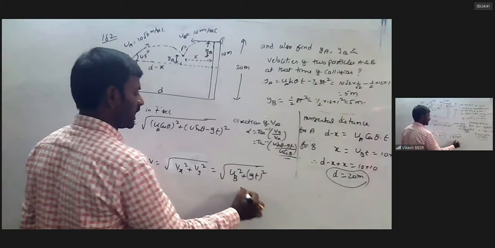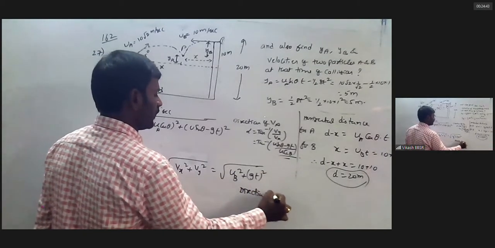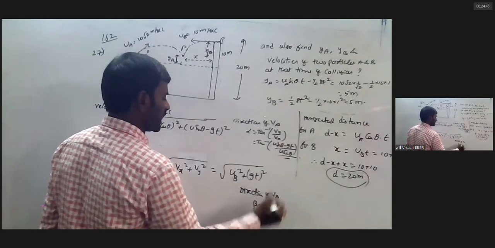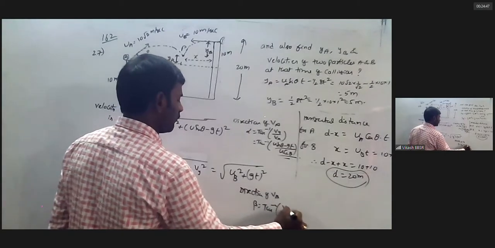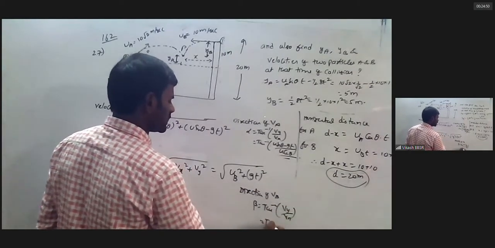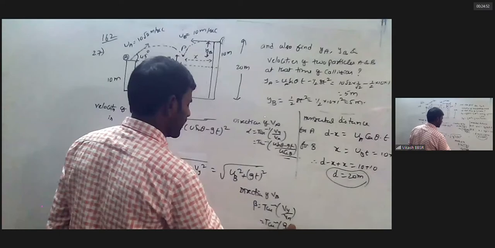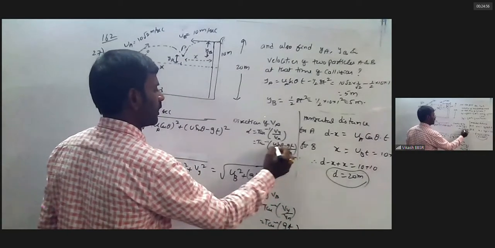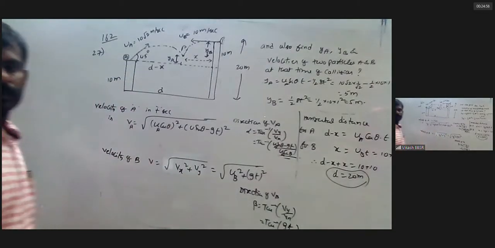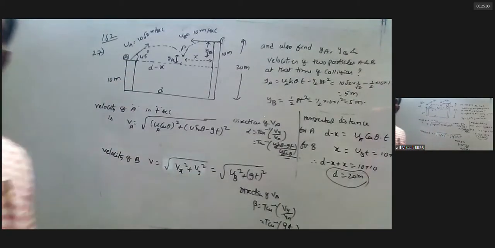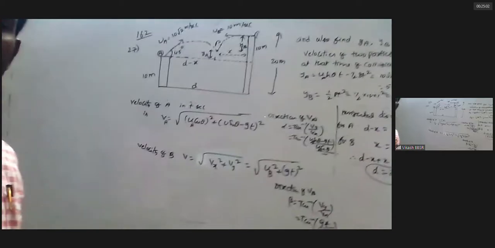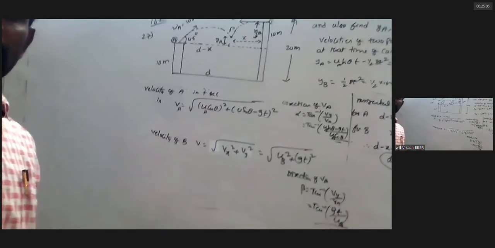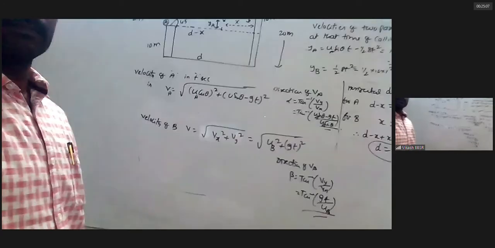Suppose here is the direction of B B. So I use theta equal to tan inverse of Vy by Vx. Constants all are g t by U. This is the way to approach numericals in any type of examination.